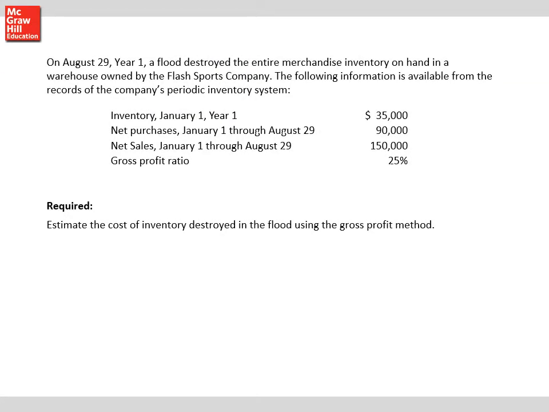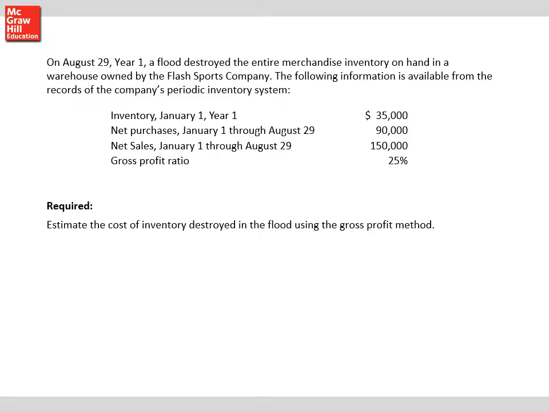In exercise 9.8, we're looking at the gross profit method. August 29th, year 1, a flood destroyed the entire merchandise inventory on hand in a warehouse owned by Flash Sports Company. They have some information available regarding their inventory system before the flood. What we need to do is estimate the cost of what was destroyed in the flood using another method.